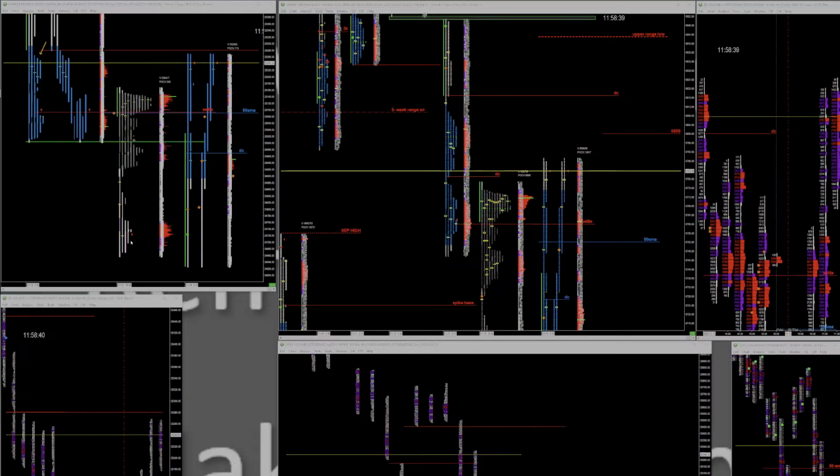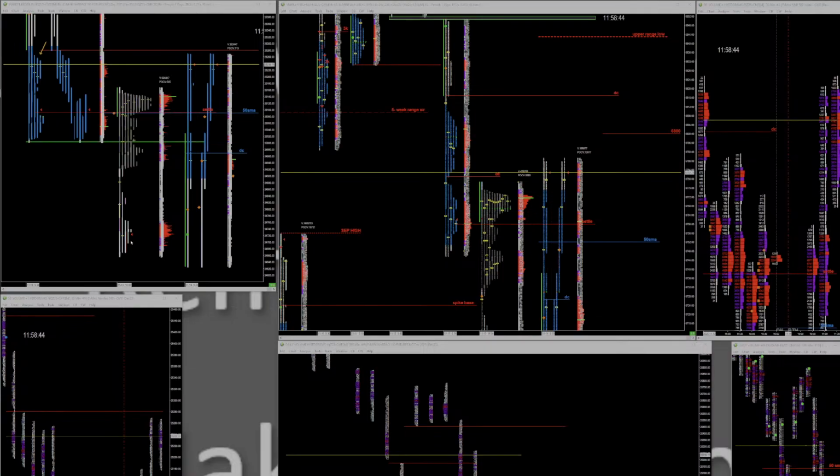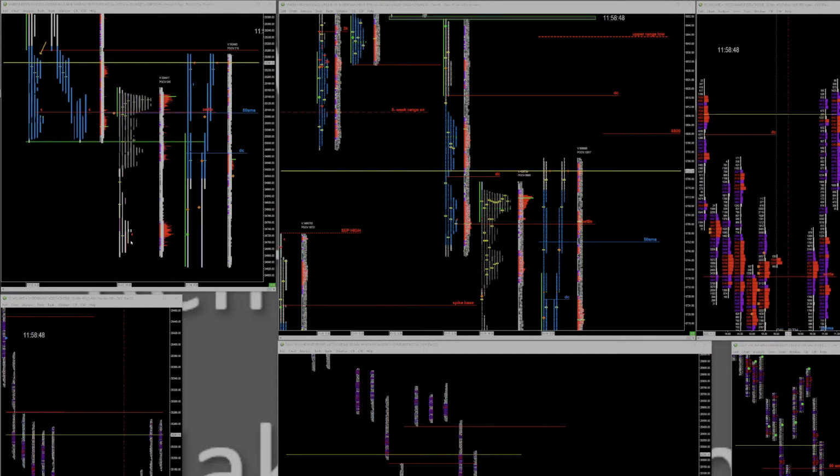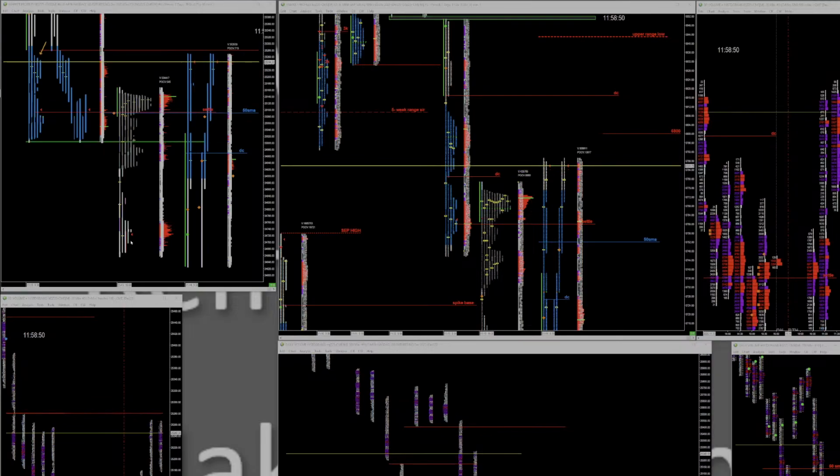They see the market grinding its way higher, then it comes back a little bit, and they start to feel some hope that it's going to come back down to the short levels. They refuse to close.